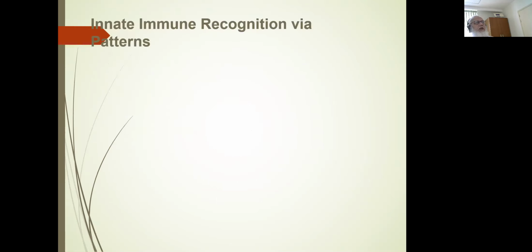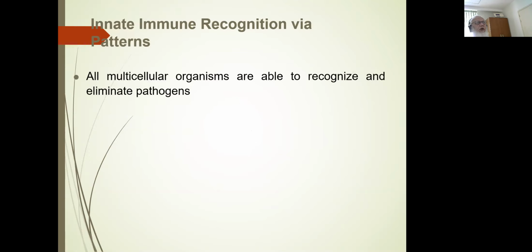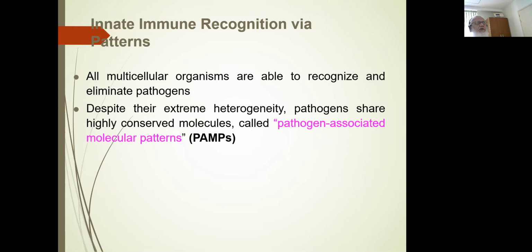Innate immune recognition via pattern. So, all multicellular organisms are able to recognize and eliminate pathogens. And despite their extreme heterogeneity, pathogens share highly conserved molecules. These are called pathogen-associated molecular patterns. I uttered this term many times just to imprint it in your mind.